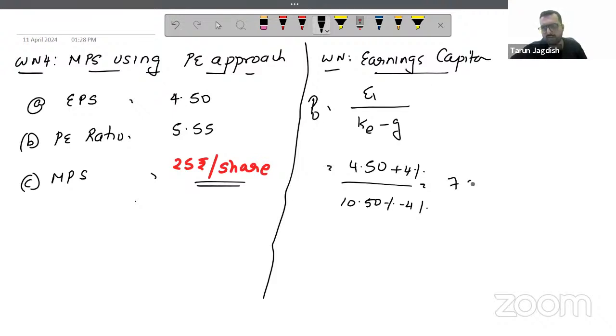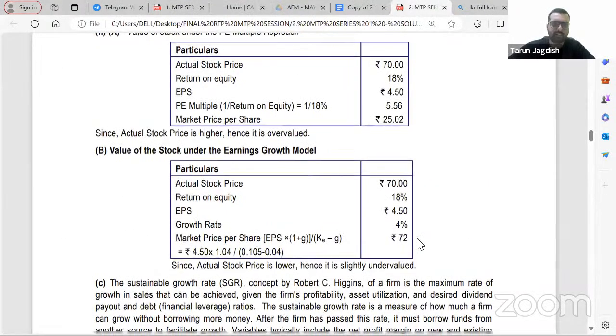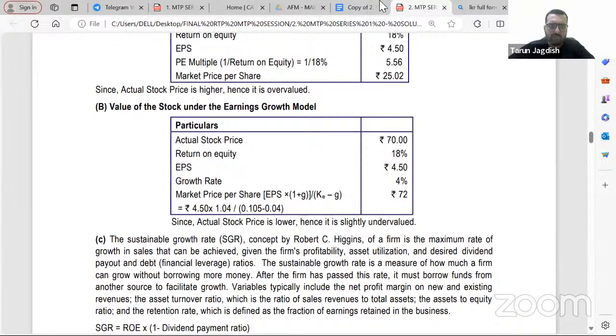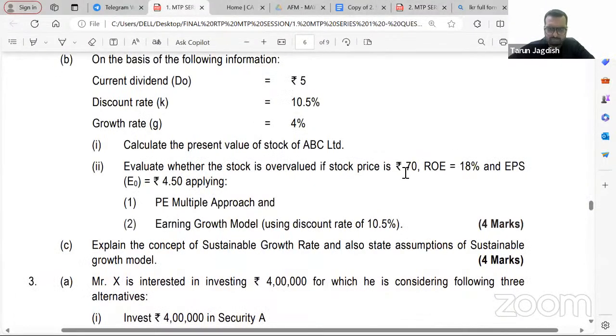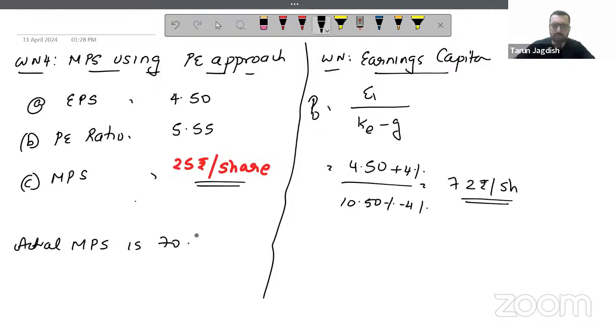Do you get the answer as 72 rupees per share? Yes, sir. Let's just cross check. 72. All right. Now, what is the actual market price that is told in the question? 70. Okay. So it is undervalued or overvalued? Undervalued. The actual is 70.